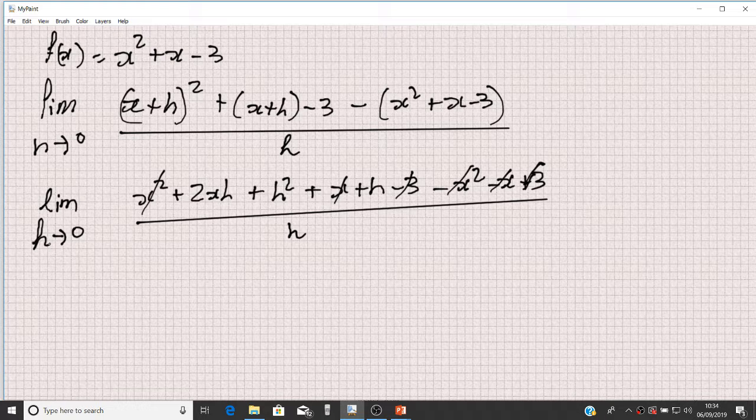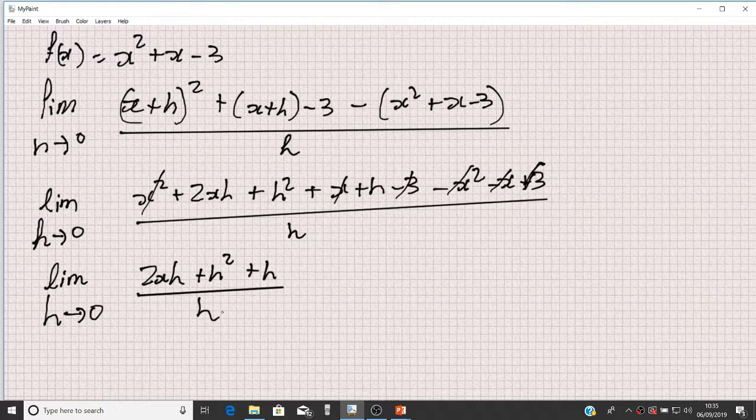So I'll just bring all this together, and we've got the limit as h approaches 0 of 2xh plus h squared plus h all divided by h. We're nearly there now.